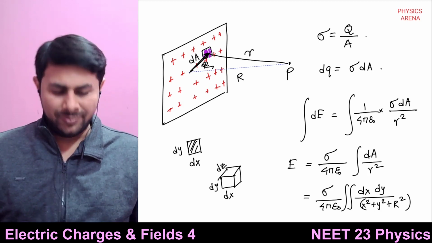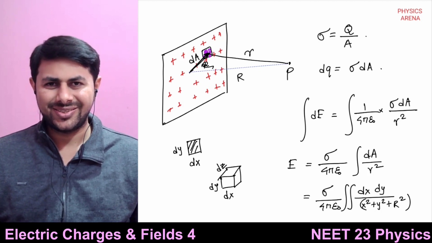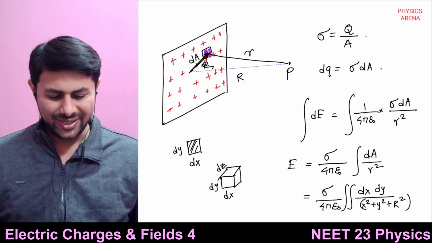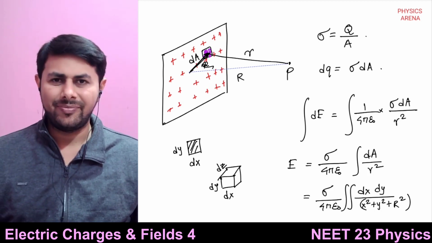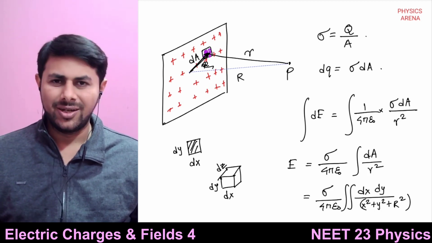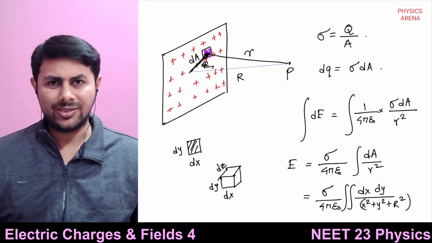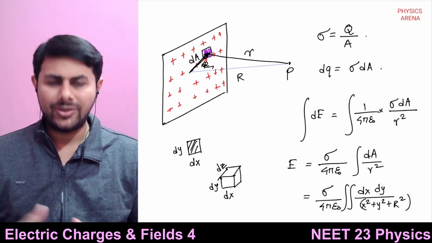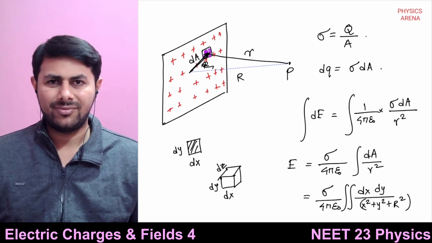So now we don't want to solve integrals. We want to solve problems easily. So that's why, I mean, not we, Gauss was a physicist who found a theorem called Gauss's theorem.